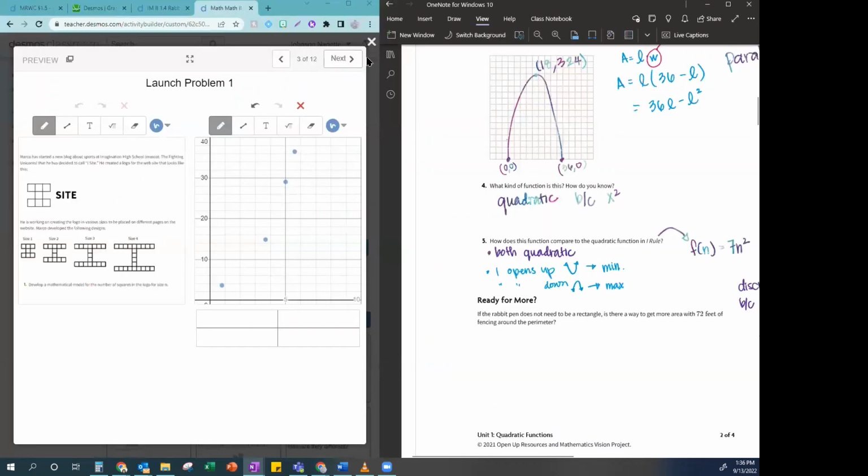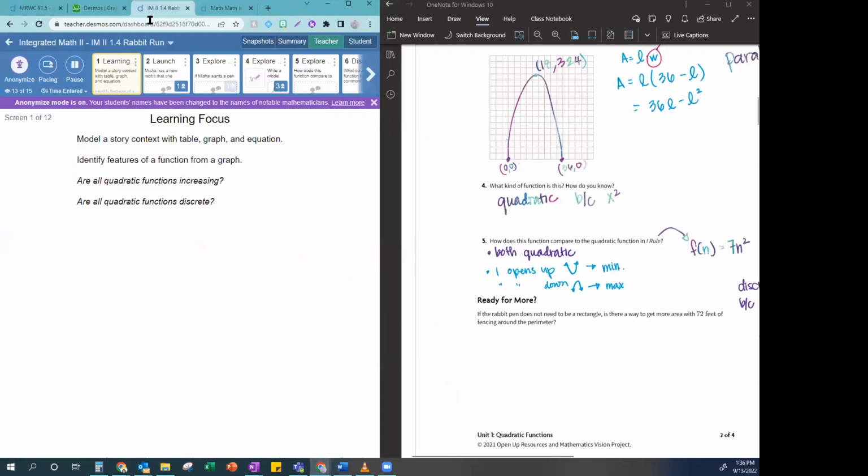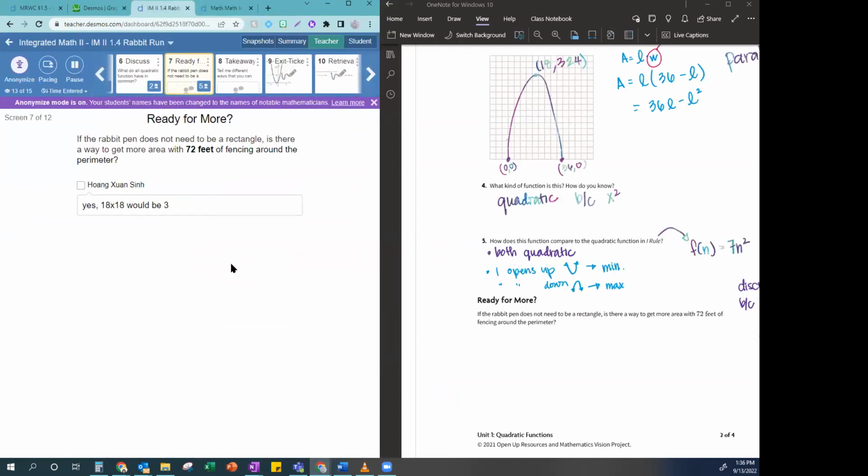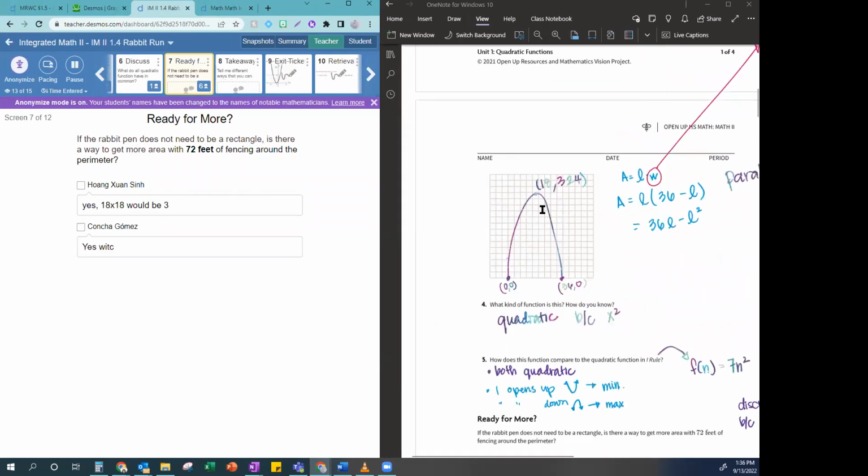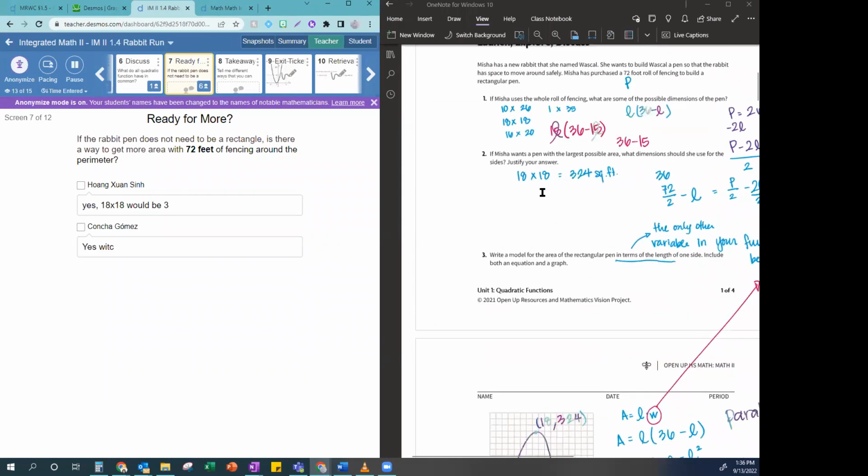So technically, I want to make sure we got everything. Go back over here, Ms. Johnson. We need to go over here to Ready for More. So if the rabbit pen does not need to be rectangular, is there a way to get more than 72 feet? And the answer is yes, but I'm not going to tell you the answer. I will give you a hint here.